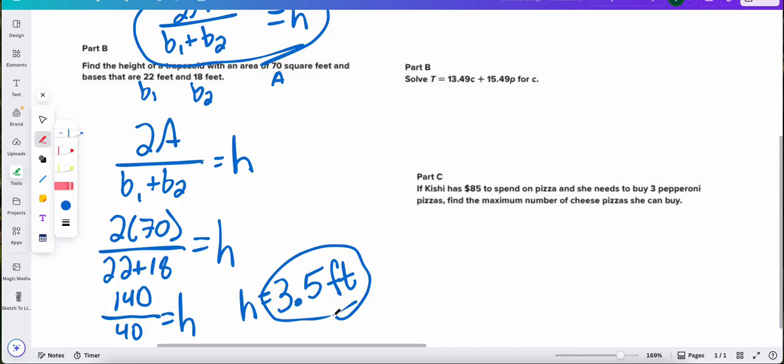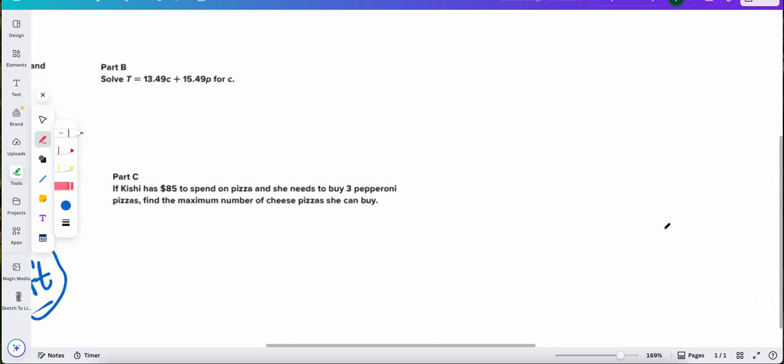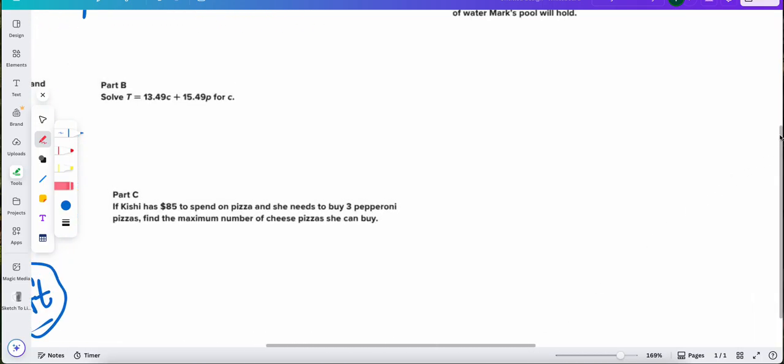So this next one here says use literal equations. So we're going to go ahead. This one has 3 parts compared to the one we just did, which only had 2. Okay.